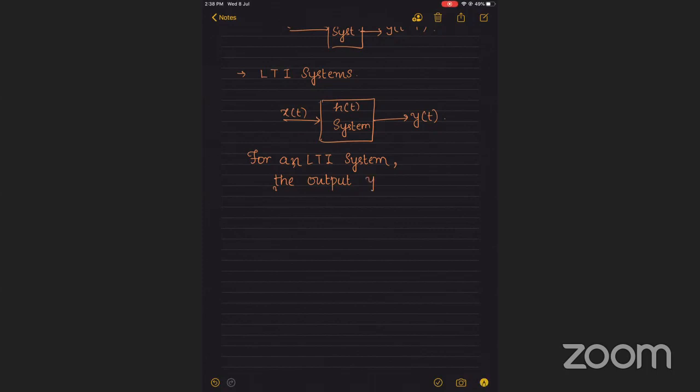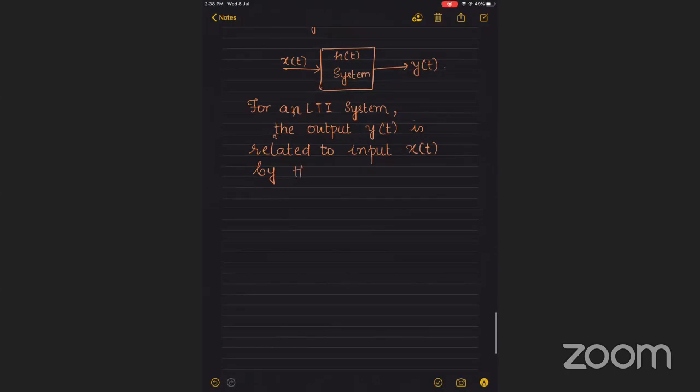So the output y of t is related to input x of t by the convolution integral, by the convolution operation. So what do we mean by that?